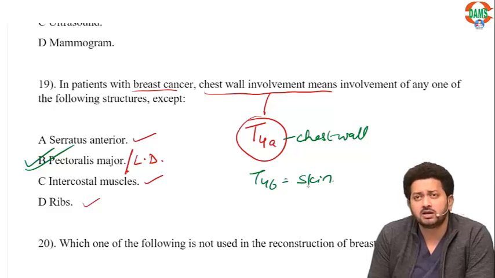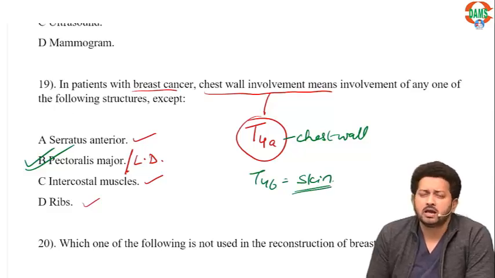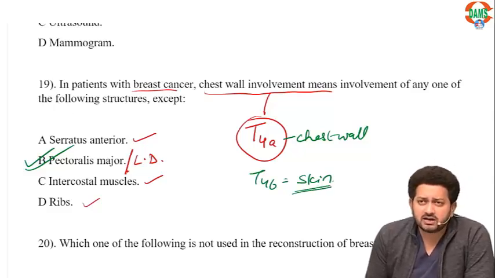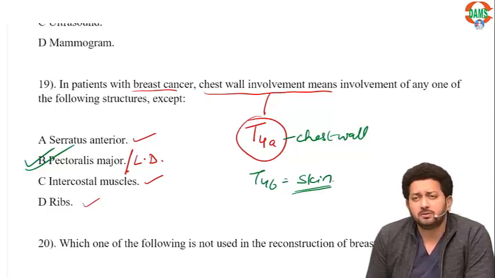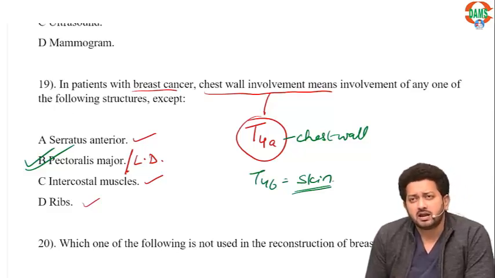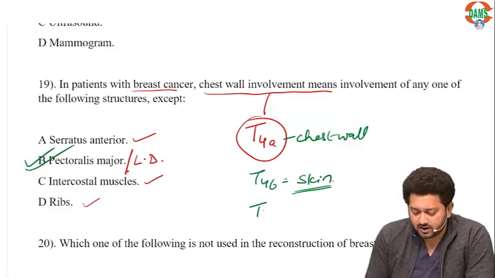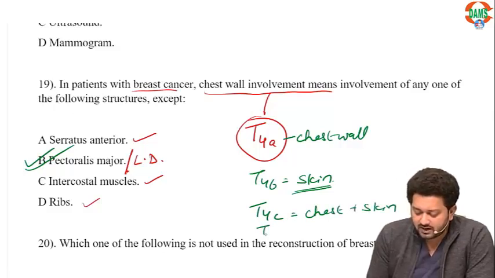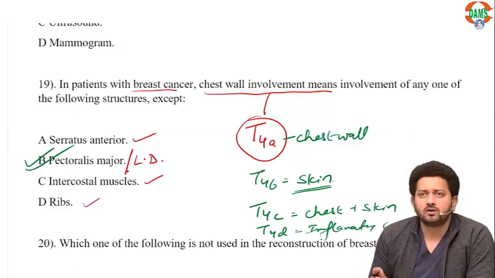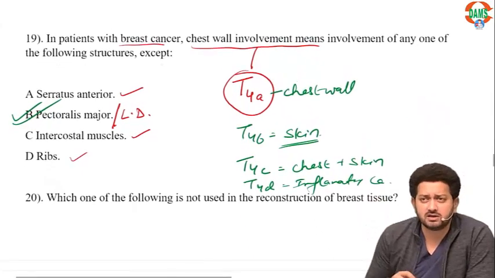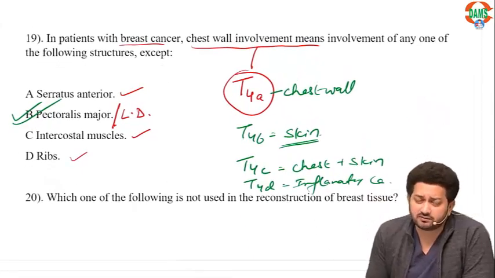In skin, you will see ulceration, satellite nodules, and peau d'orange appearance. Nipple retraction and dimpling is not skin involvement. T4C is when there is both chest wall as well as skin involvement, and T4D is inflammatory carcinoma, which mainly has erythema and edema involving more than one third of the skin over the breast.